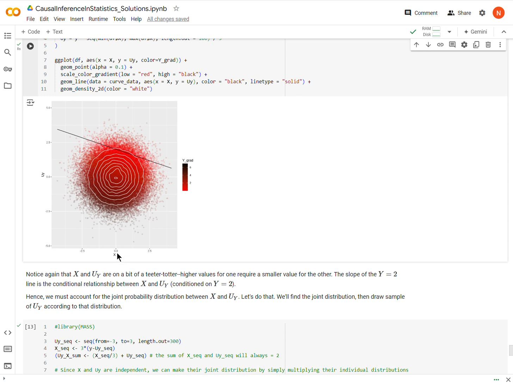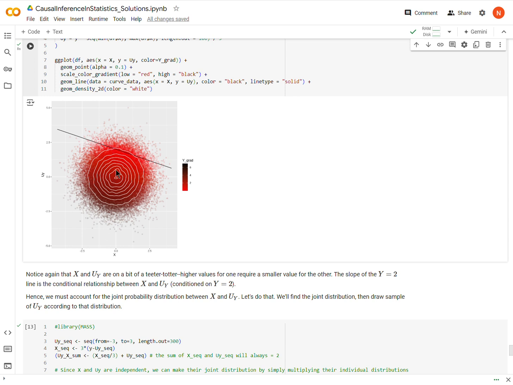Once again, notice that as I go to larger x values, going right, I also have to go down in the u of y values. I need smaller values for u of y to stay on the line for y equals 2. Similarly, if I use bigger values for u of y, I have to move left and get smaller values for x.